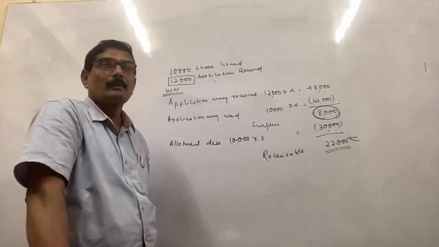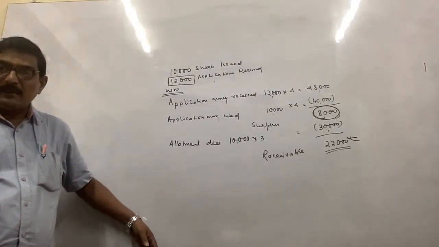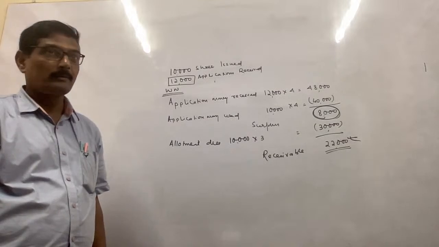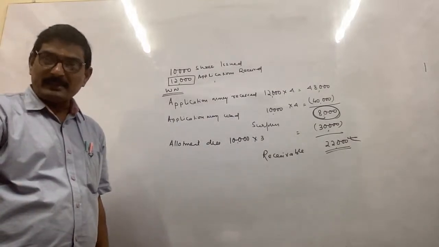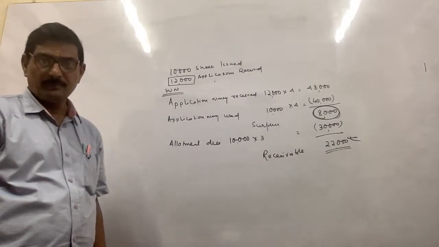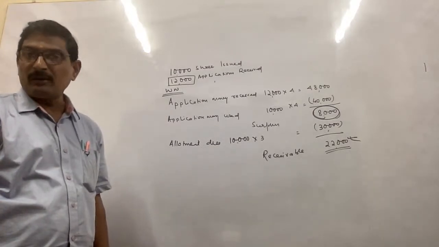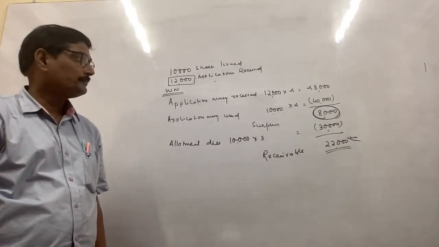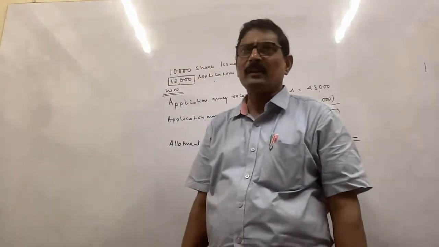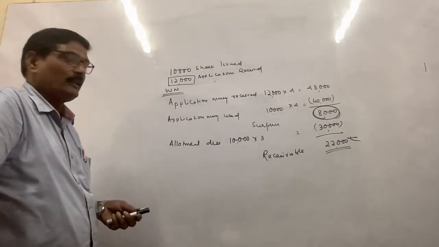Right? Then for first and final call due, share first and final call account debited to share capital, 10,000 into 3, that is 30,000.